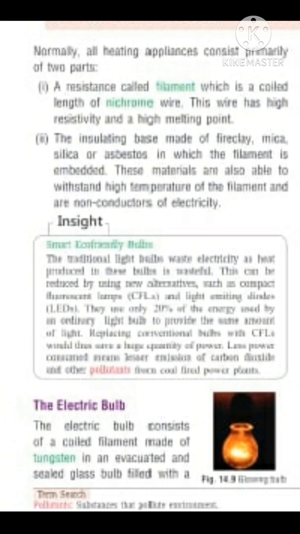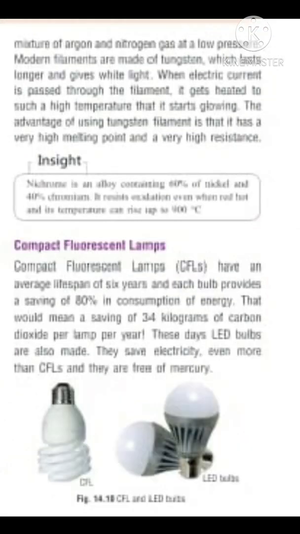Now the topic is the electric bulb. The electric bulb consists of a coiled filament made of tungsten in an evacuated and sealed glass bulb filled with a mixture of argon and nitrogen gas at a low pressure.